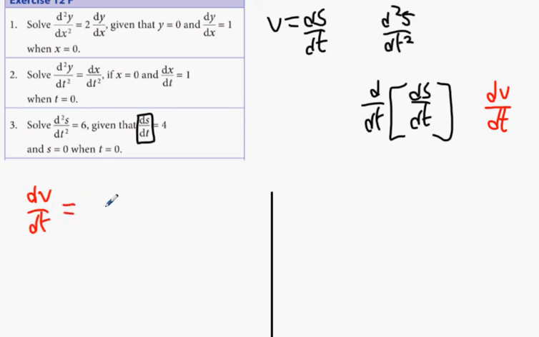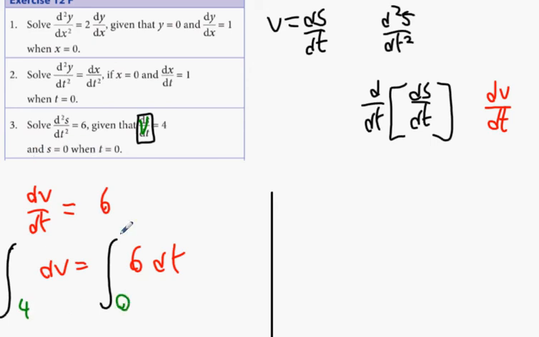equals 6. Cross multiply, dφ equals 6 dt. Integrate both sides. Phi equals 4 when t equals 0, t on top, phi on top.